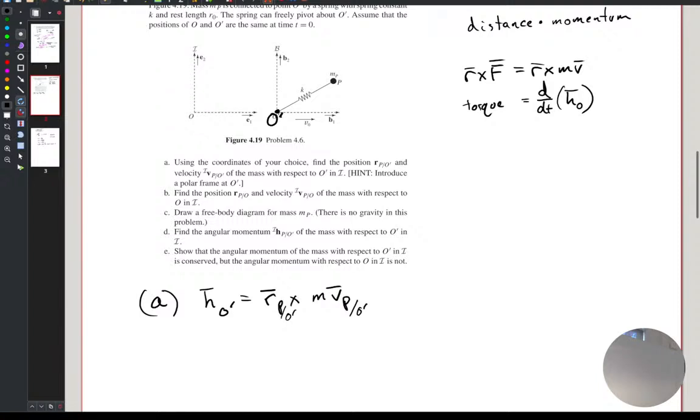A lot of times we're just trying to make a definition for the variables, even if we don't know what values they have.